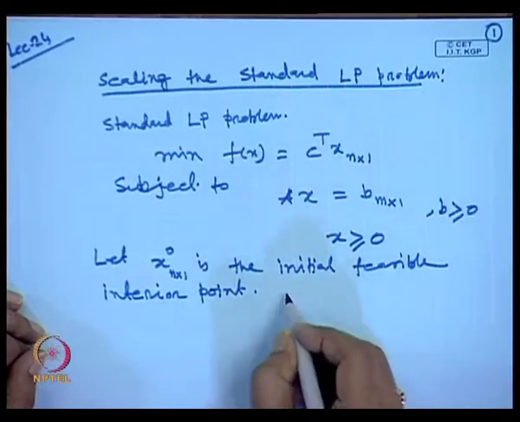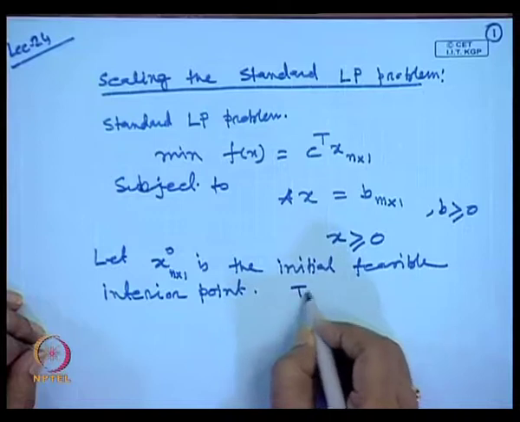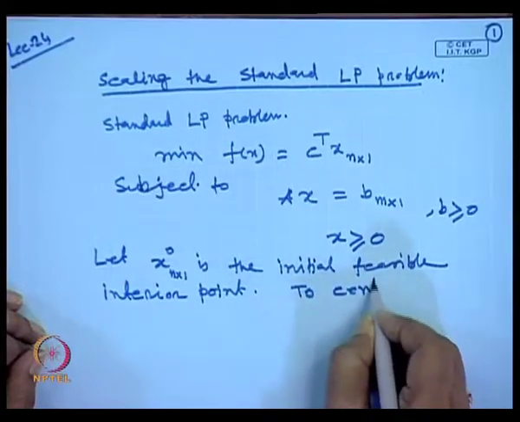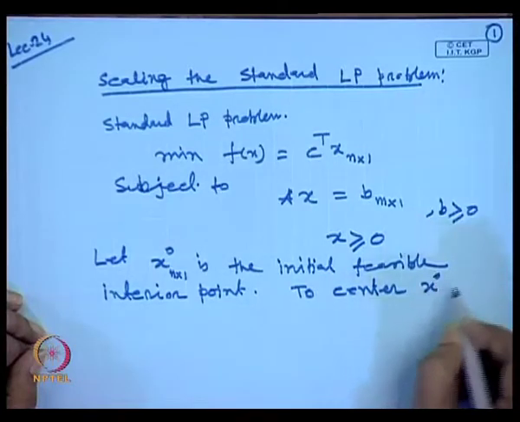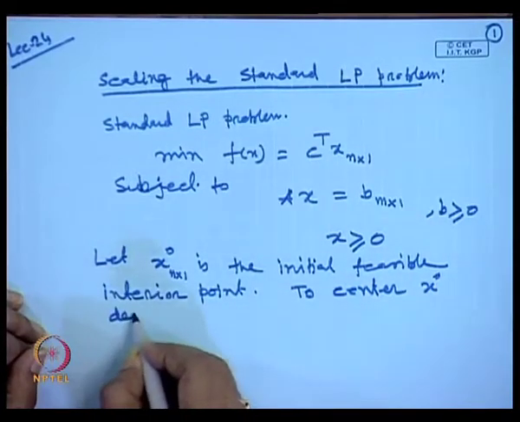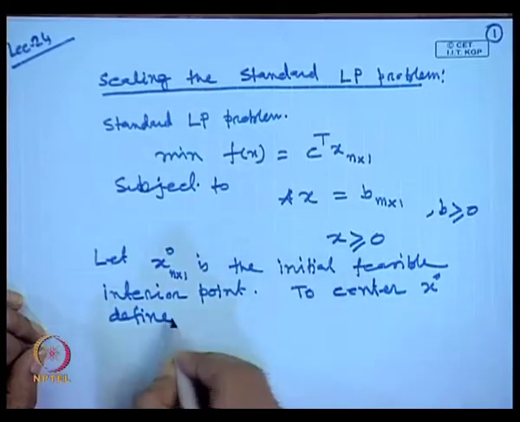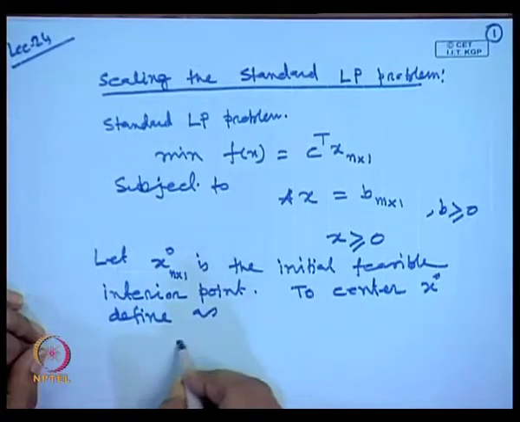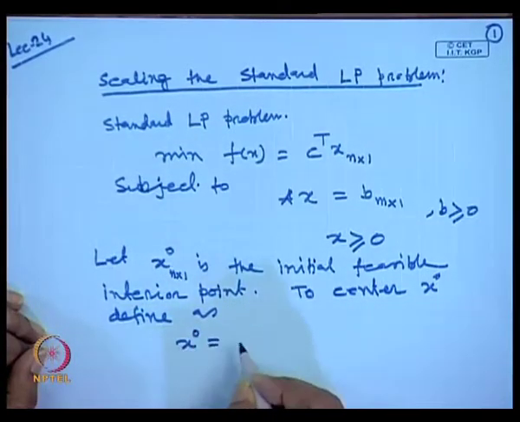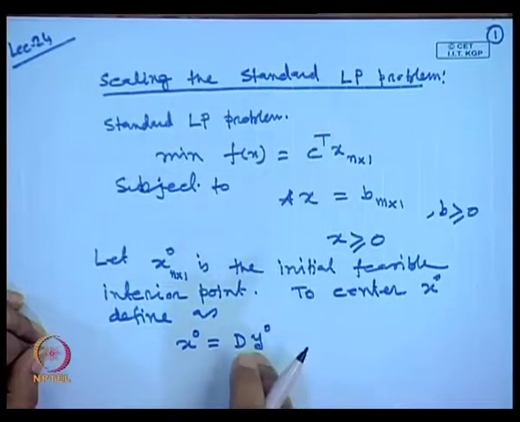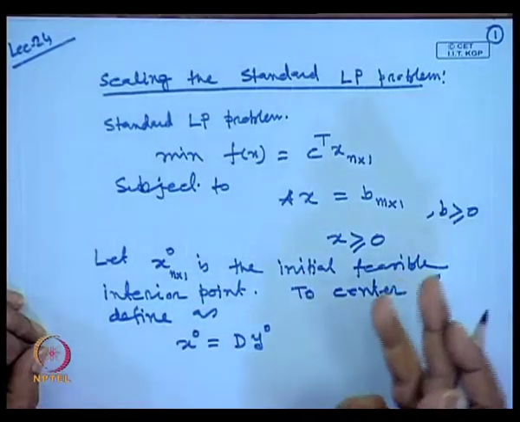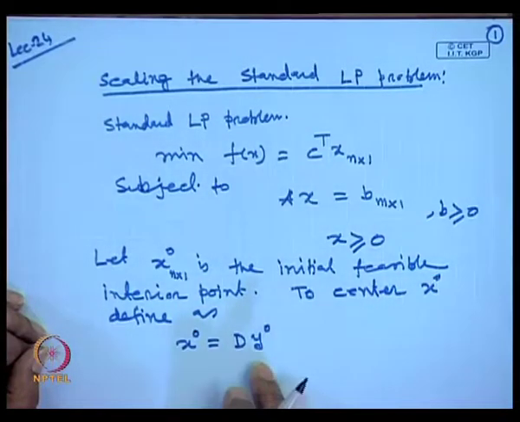So, we consider how to center x 0. To center x 0, we define x 0 equal to D y 0, where y 0 is the coordinate in the transformed system. So, we have used this transformation.